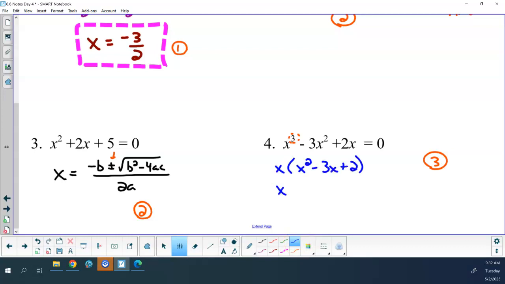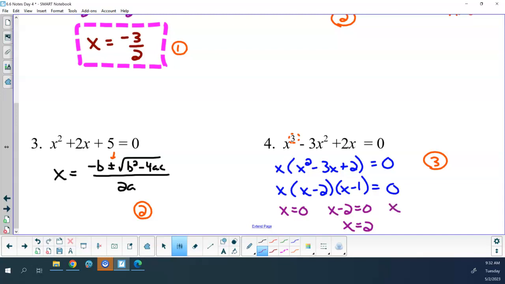And then we would get x, and then x minus 2, and x minus 1. And then we would say x equals 0. There's one of them. X minus 2 equals 0, so x is equal to 2. X minus 1 equals 0, so x is equal to 1. So those 3 are our 3 answers.